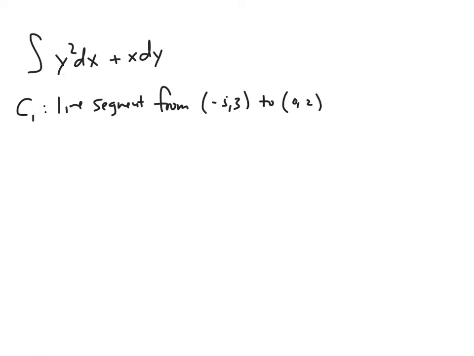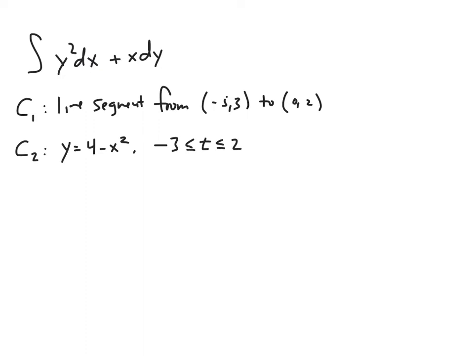I don't remember the value off the top of my head, but we did compute this in one of the previous videos. And then I asked you to compute the line integral of the same function over the curve C2, which was the arc on the parabola y equals 4 minus x squared from t equals negative 3 to t equals 2.